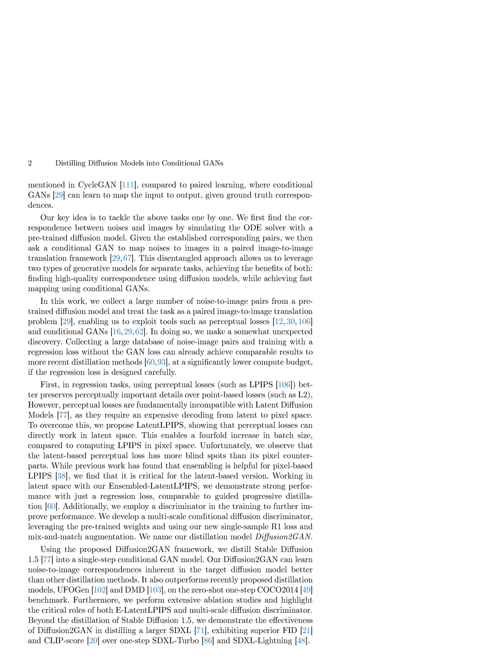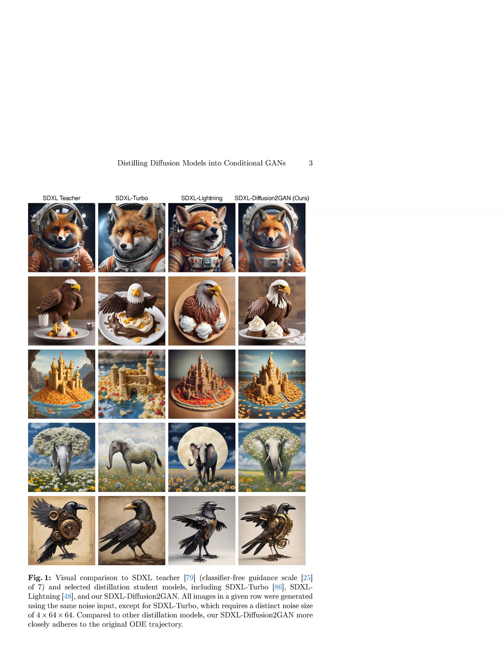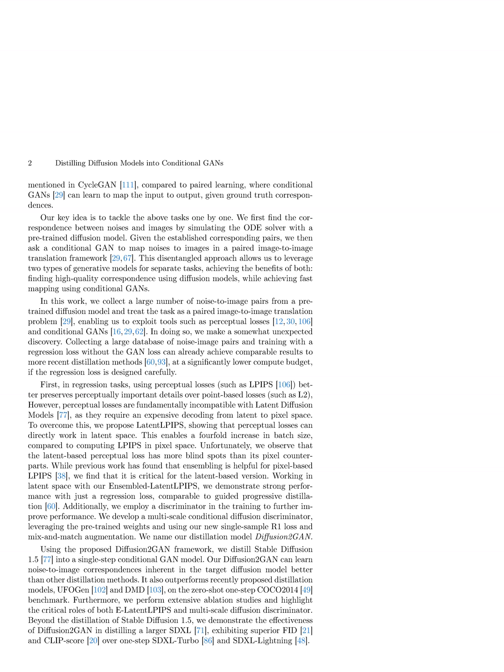3. Efficient training process. Diffusion2GAN demonstrates that training with a regression loss, specifically the ensembled latent LPIPS, can achieve comparable results to more complex distillation methods at a significantly lower compute budget. 4. Improved convergence and performance.